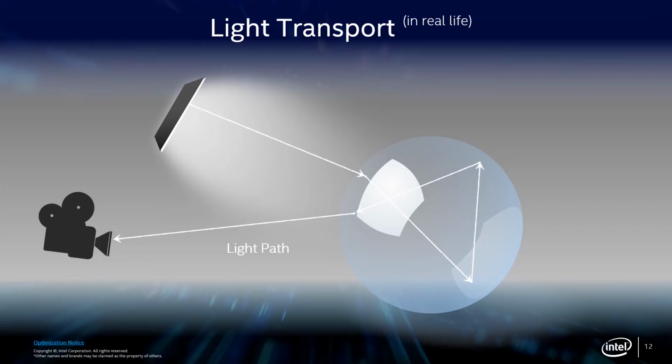What's important in these scattering events that contribute to light transport from its emission point to the camera, those are the important paths. We call these light paths, and the entire high-dimensional space that represents all possible paths in a scene is called path space. Light transport is an optimization problem of how to simulate this light efficiently.